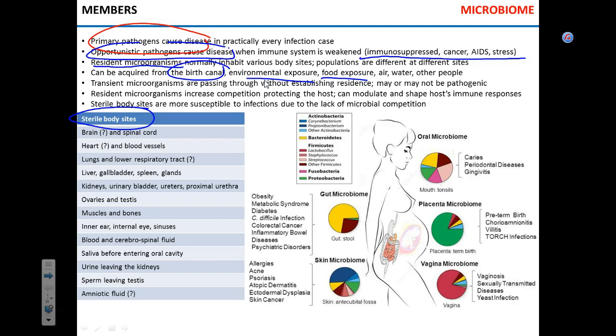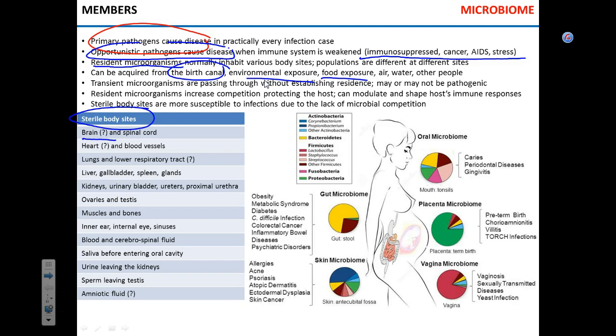We're going to review them. So first, brain. You see the question mark next to it. Generally, we presume that brain does not have any normal resident microorganisms.